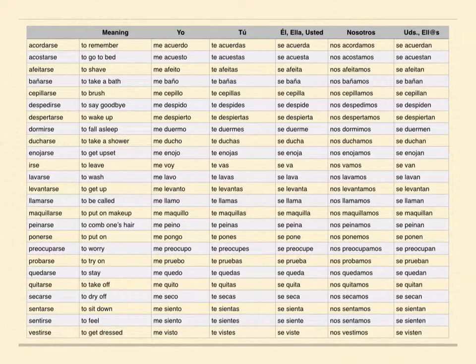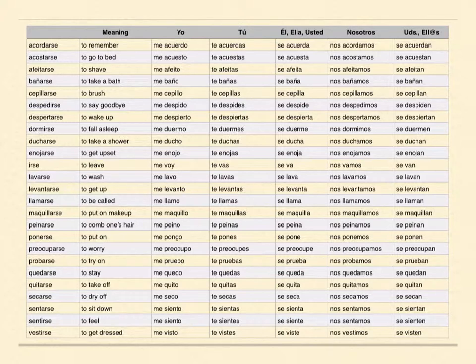The gray portion, the subject pronouns, are optional, again, to clarify or give added emphasis as to who we are referring to. The me, the te, the se, and the nos portion of these verb conjugations is mandatory and has to be used with them. So study these different forms for all of these reflexive verbs.